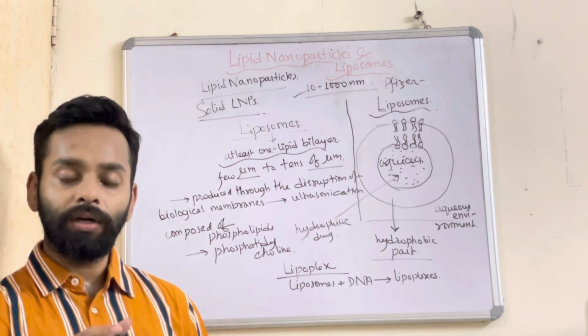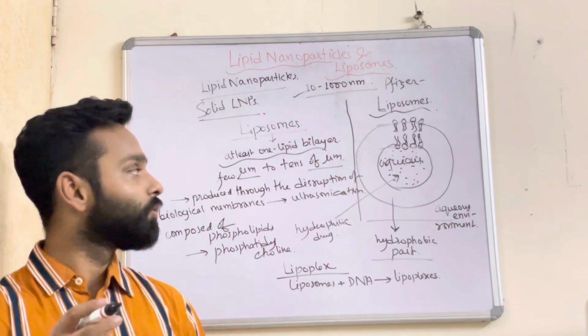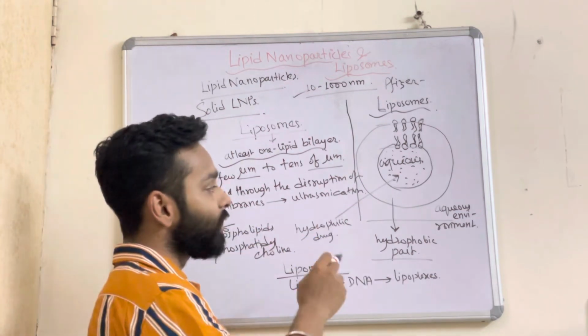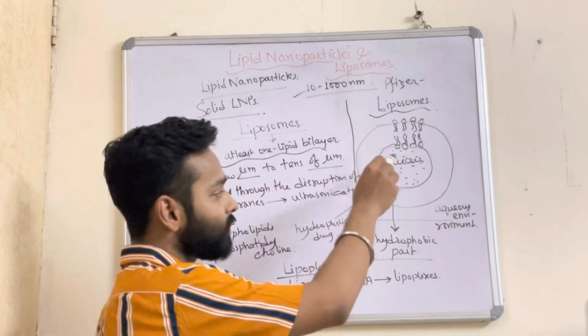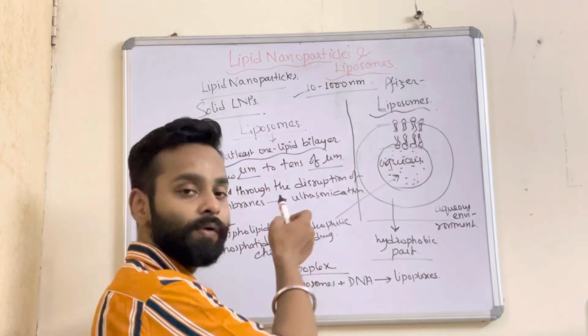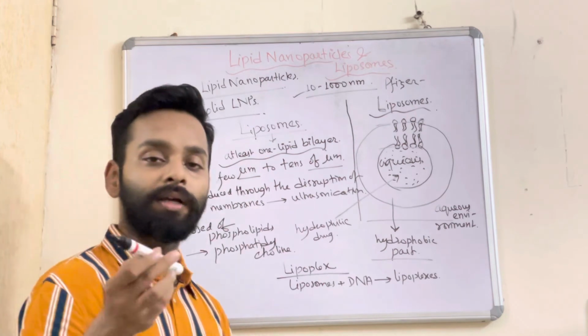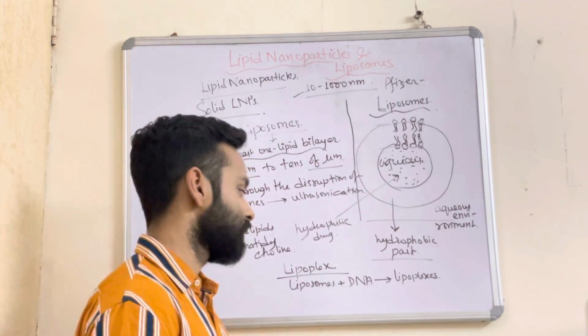If they come into contact, the membranes will fuse, and the material present in the aqueous core of the liposomes will get inside the cells and be transported to the desired site of action inside the cell.